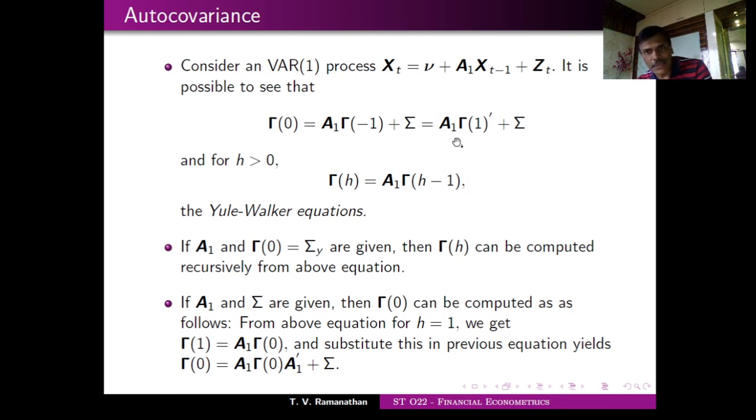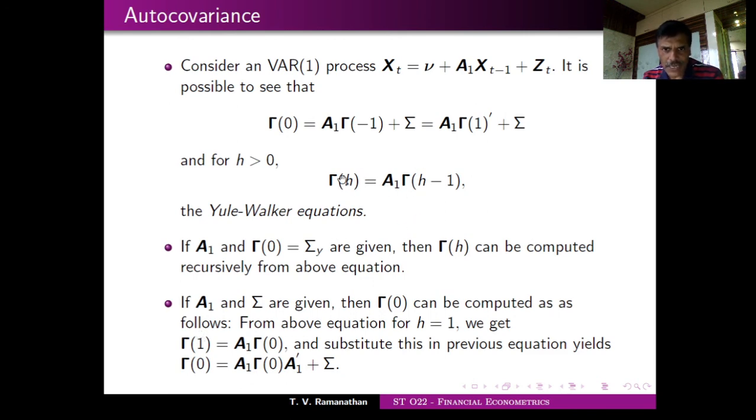Now, if you look at this equation, if I know A1 and if I know sigma, because gamma 0 is sigma y, then gamma h can be computed recursively from the above equation. So how will you do that? For example, if A1 and sigma are given, then gamma 0 can be computed as follows.